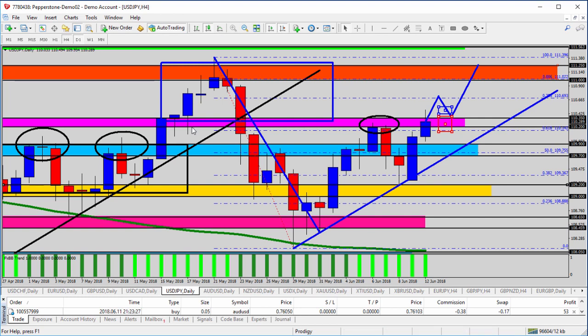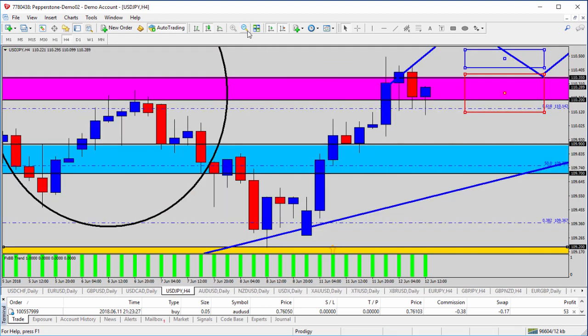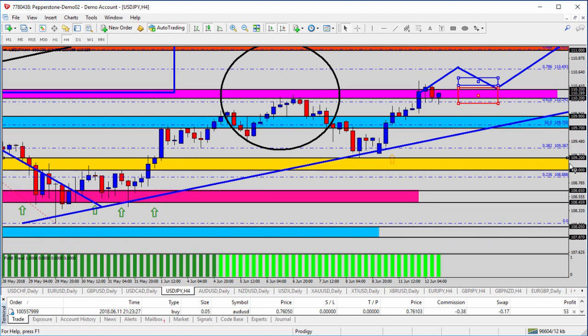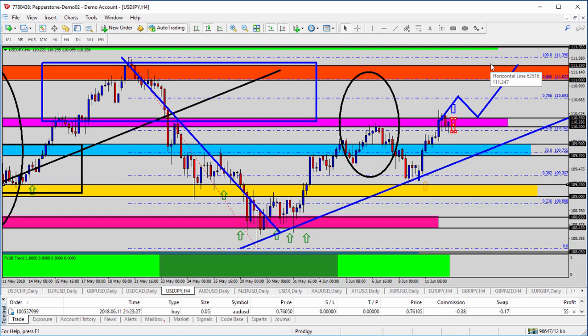Let's take it back down to the 4-hour time frame. As we get down here, we can see the struggle the market's having around this level. Have we seen the market get truly above the pink zone? Not really. Have we seen it reverse and go back in the other direction? Not really. So we're just struggling around this 110.20, 110.35 level. A solid push above will give us higher confidence that it's going to continue to go back up.